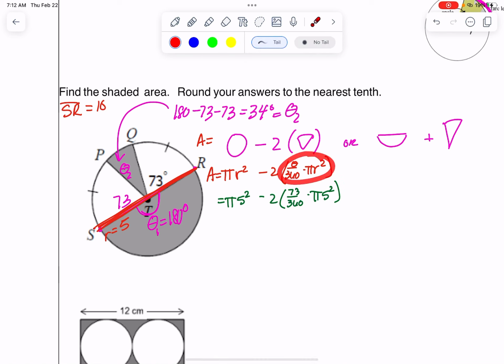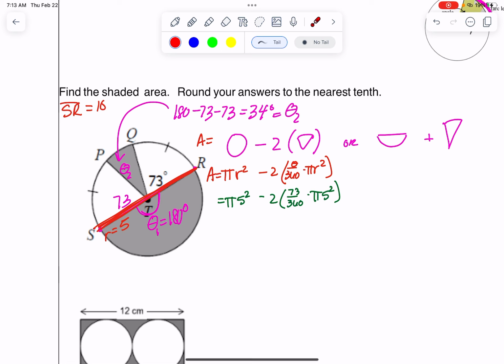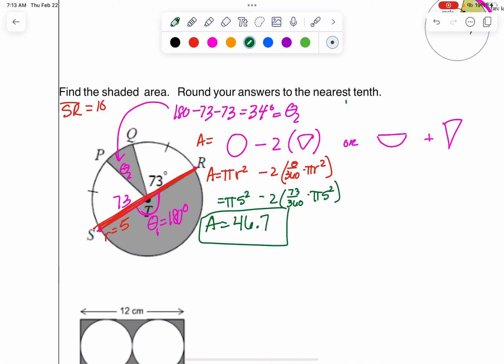So this piece right here is the formula for this area. So I took a whole circle, and I'm just going to subtract out those 2 pieces. So when I do that, I get that my area is 46.7. We're asked to round to the nearest tenth, so that's why we have 1 decimal point.